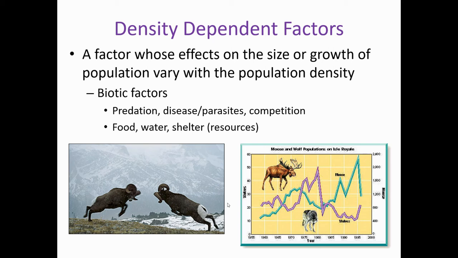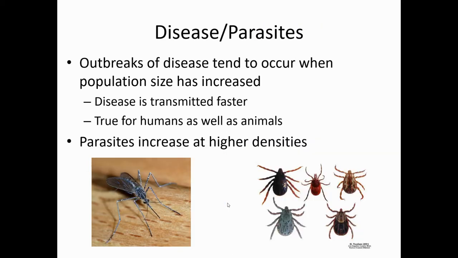Competition increases when there are more organisms. You don't have those things when there are fewer organisms. So that's density dependent. Think of it like it depends on the amount in the population. Usually these are biotic factors, not always, but generally speaking, these are biotic factors.